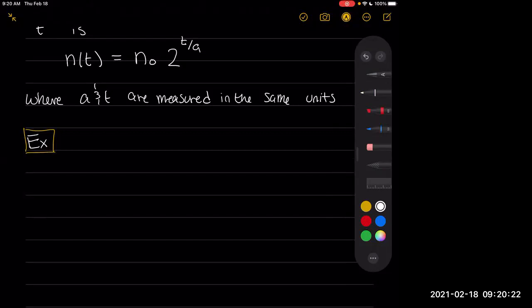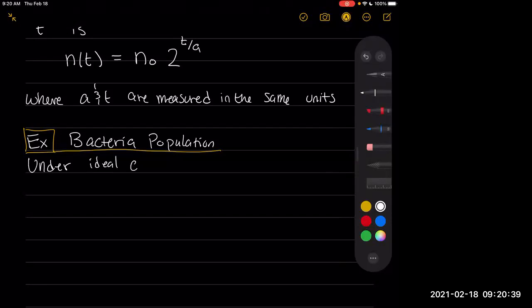We're going to look at a bacteria population. Under ideal conditions, a certain bacteria doubles every half hour.